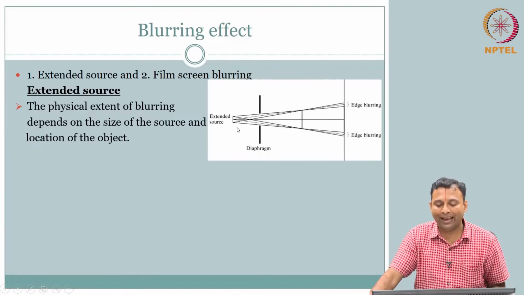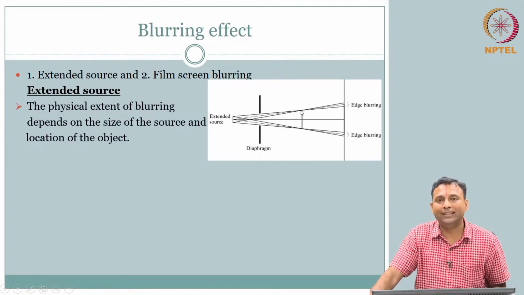Instead of a ray emanating from a point being the only ray capturing the edge of this object, now you have the whole extended source, and all of these points capture it. So what you see is a net sum. In some sense, instead of one edge you get a blur.